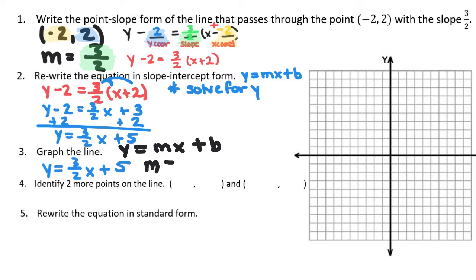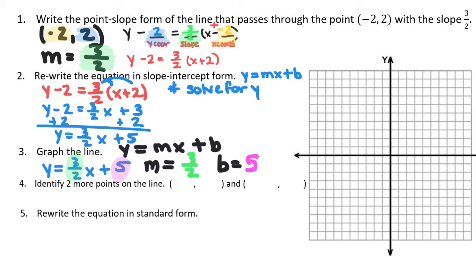So the value of m, which is our slope, is 3/2. And our value of b, which is our y-intercept, is 5.